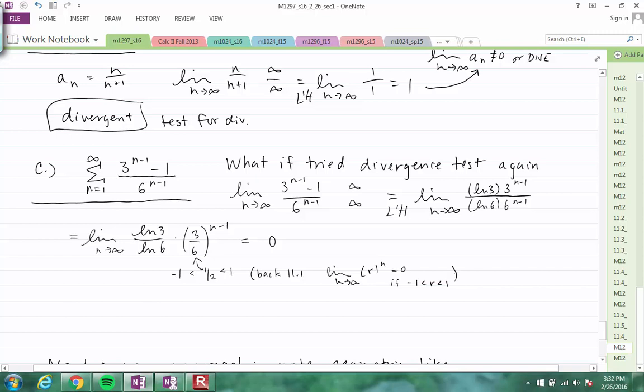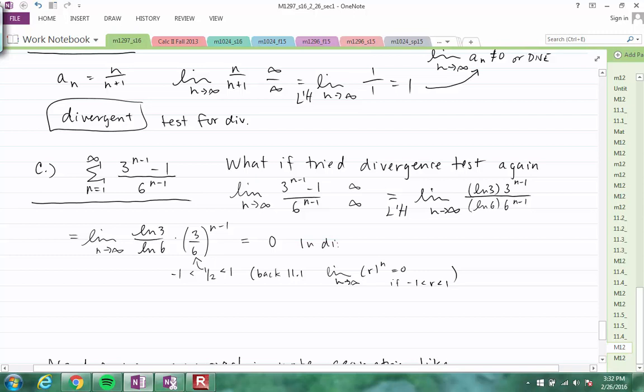Okay, so going back to the divergence test, we got 0 for the limit. What this means is we can't tell anything with the divergence test about whether it's convergent or divergent.